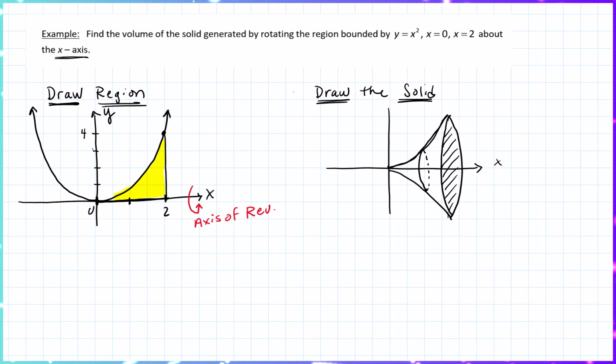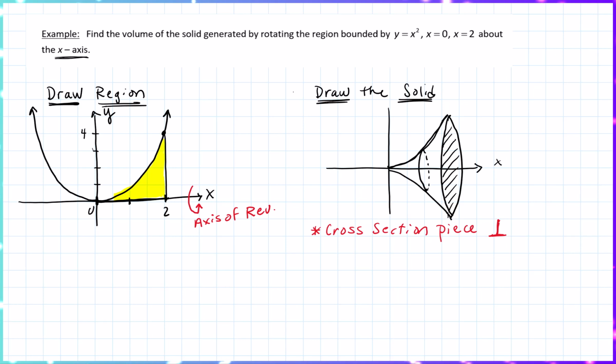We draw the region, we draw the solid, and then we're going to make a cross-sectional cut, and we're going to do it perpendicular. I'll write the step right here. We're going to find a cross-sectional piece perpendicular. So that is important.